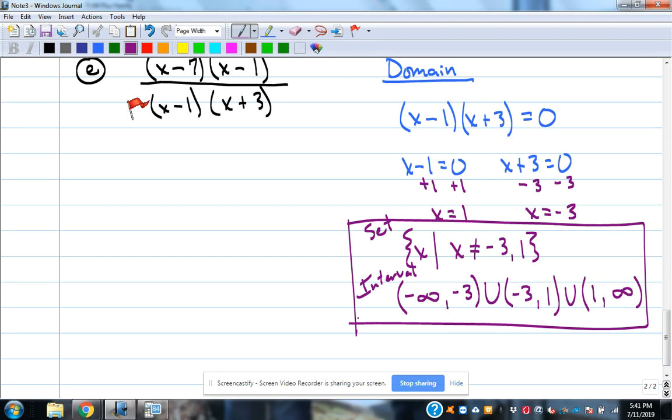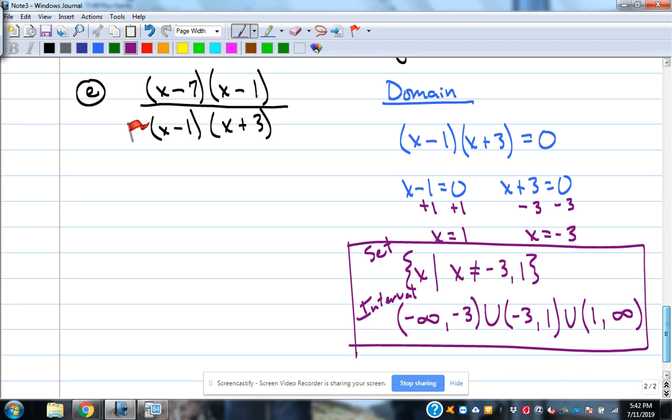Once you've found the domain, and when you're finding the domain, you're going to just set the denominator equal to 0. You want to use factoring to solve it. This one was already factored for us, so we didn't have to do that. We just used the factors to get the answers. Once you've found the domain, you go back to the original problem, and then you start simplifying and canceling out things that match.